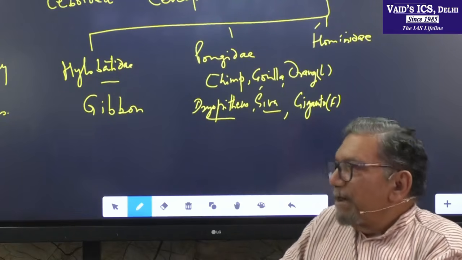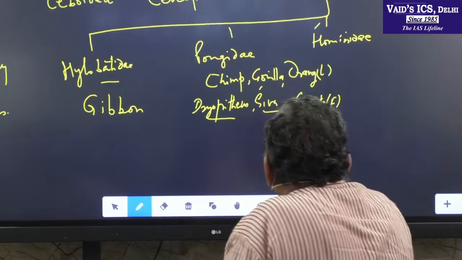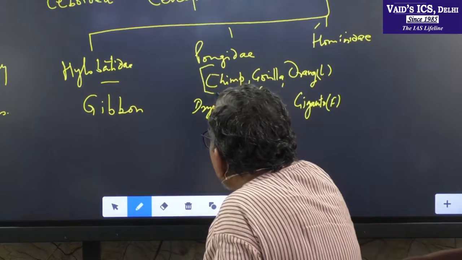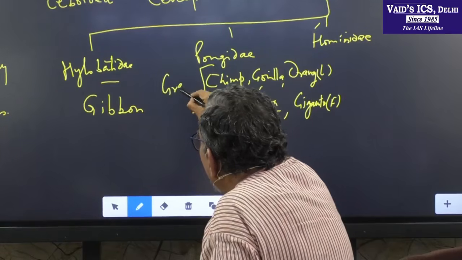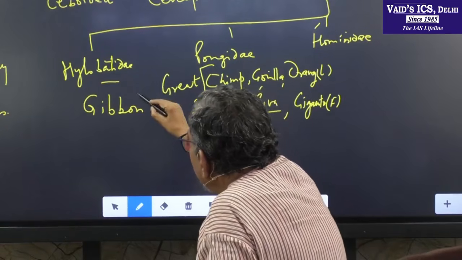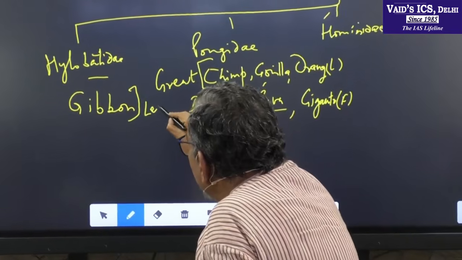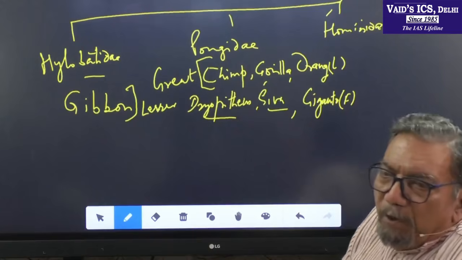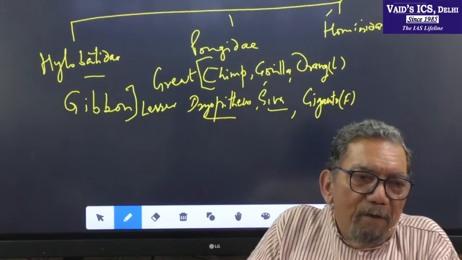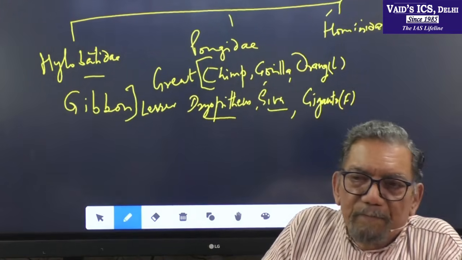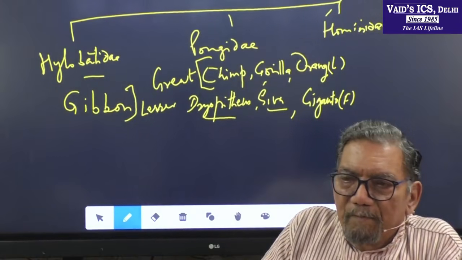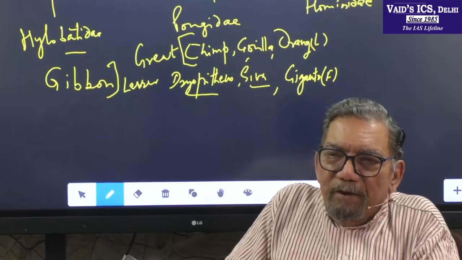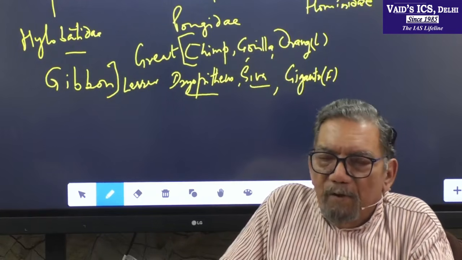But before that, they are called great apes and he is called lesser apes. Chimp, gorilla, orang are called great apes. Gibbon is a lesser ape. Another junior is also there, Siamang, that we will talk about when we talk about living primates.